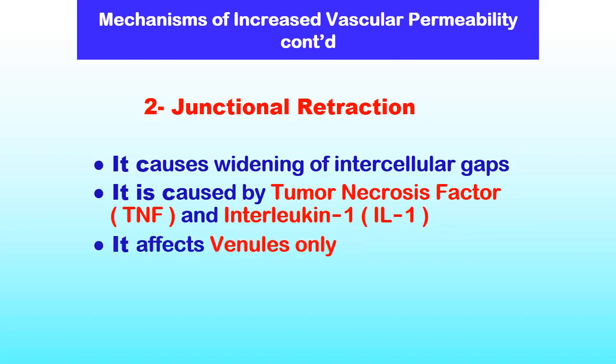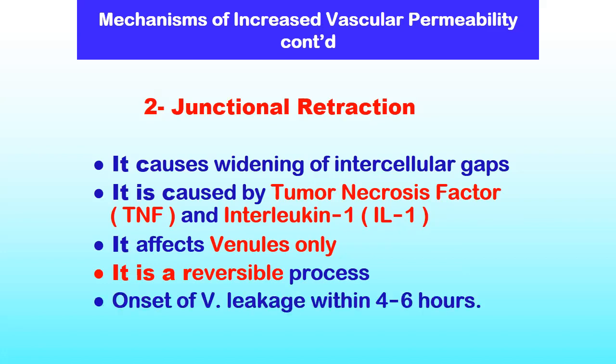It also affects venules only, and the vascular leakage occurs in the wall of the venules only. It is a reversible process in which the onset of vascular leakage is within 4 to 6 hours after injury.